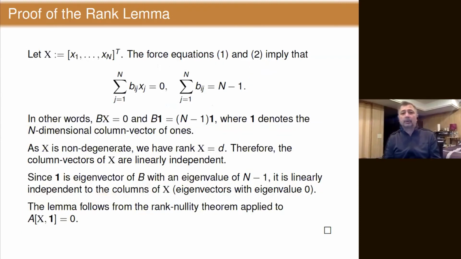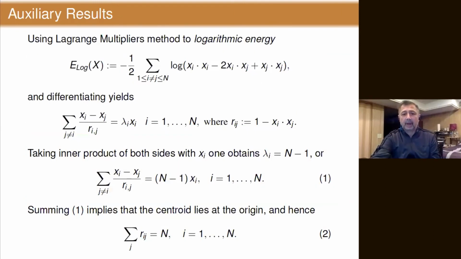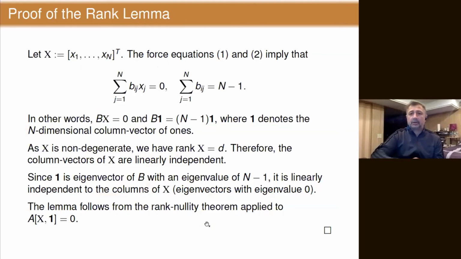So how do we prove this? The force equations 1 and 2 can be used. Let me remind you, these are these two equations. They can be used to get that the sum of B_ij x_j is 0, and the sum of B_ij, j from 1 to n, is n − 1.